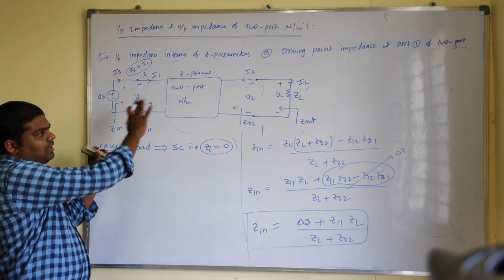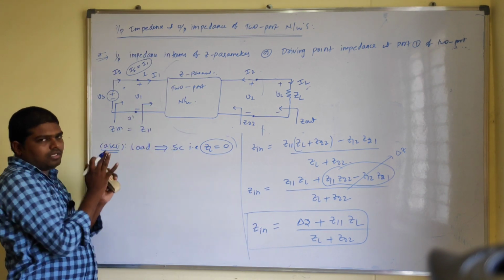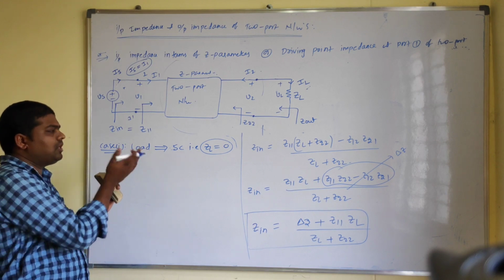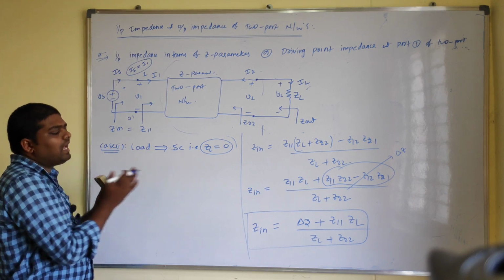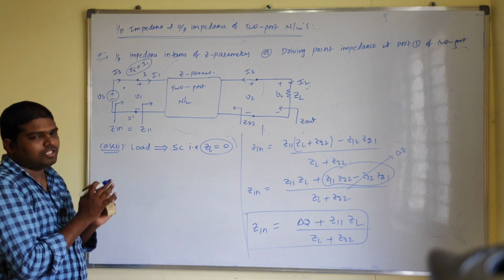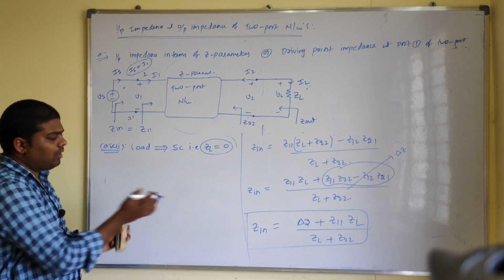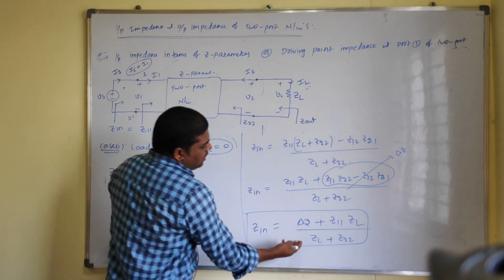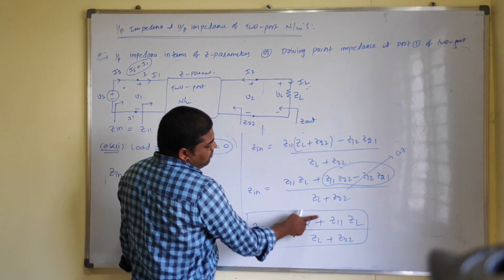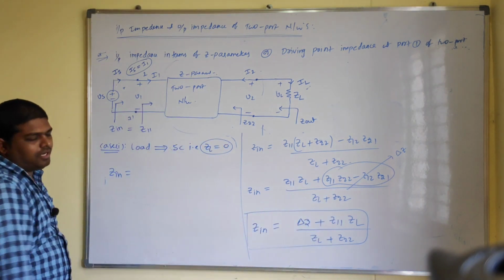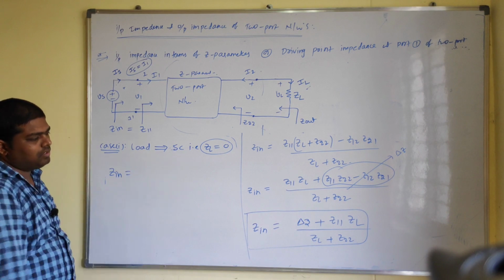For such a configuration, if you take the load as 0, that means short circuit, then how does the input impedance change? That is your observation here. Now take the Zin formula, delta Z plus Z11 into ZL by ZL plus Z22, where ZL equals 0.